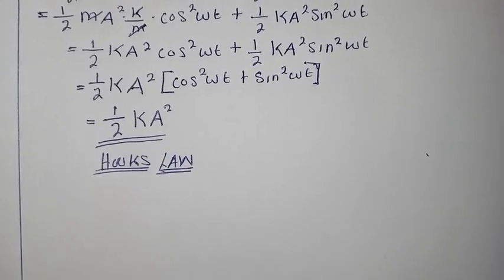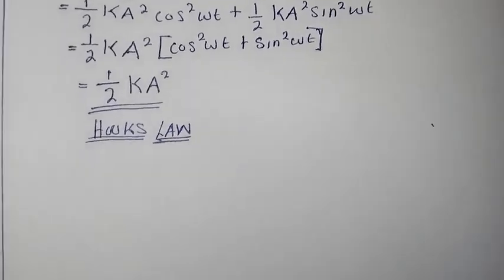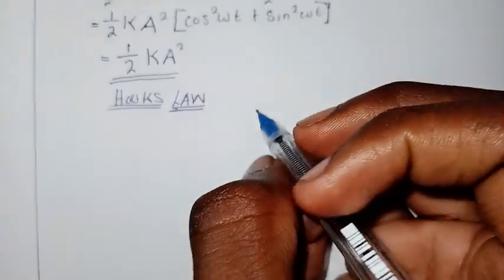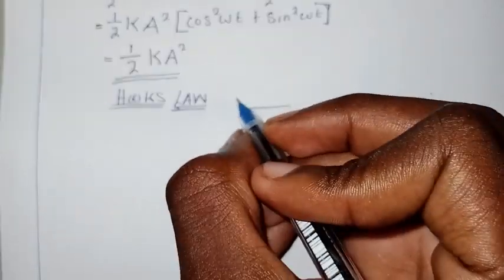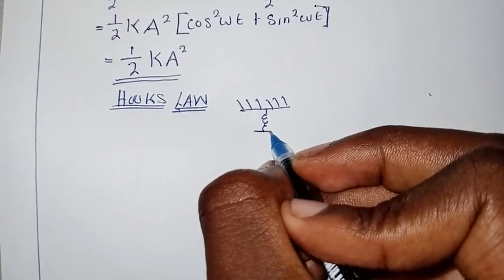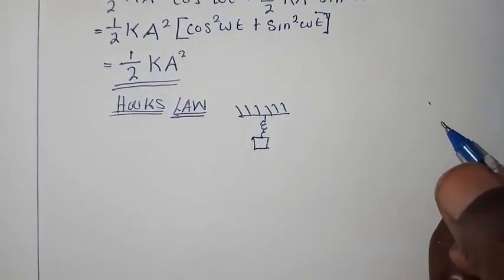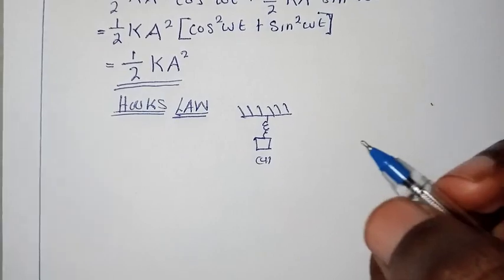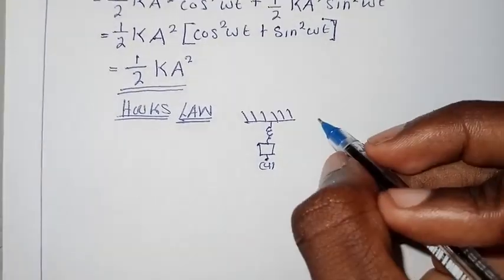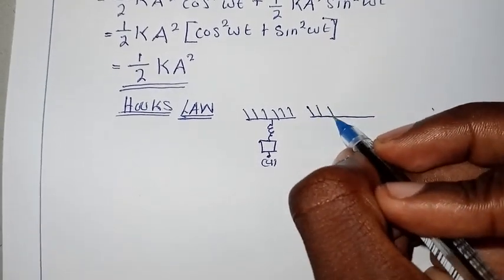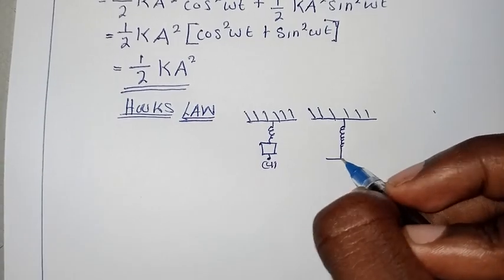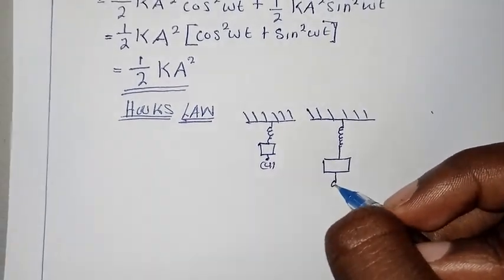Okay? So what we're simply saying is, if, for example, this is a spring, okay, we name this one as A. If you apply a force to this spring, then you expect it to cover this distance.